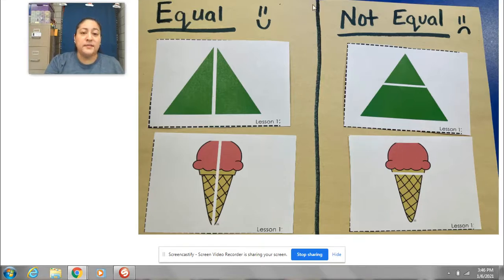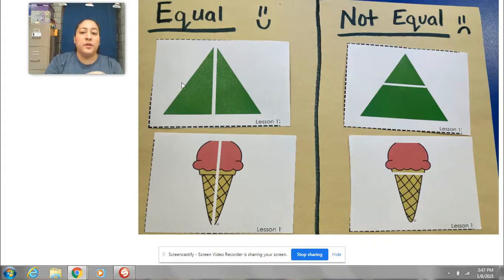Okay, so on this side we have things that are equal. When we're talking about shares, we're talking about dividing something in half, in equal parts. Equal parts means when both persons or both shares are an equal size. They're the same size.